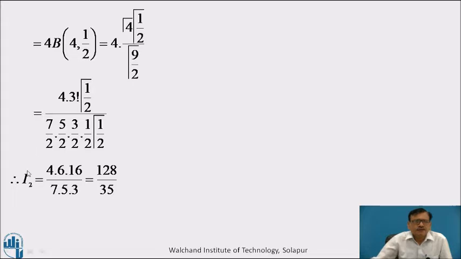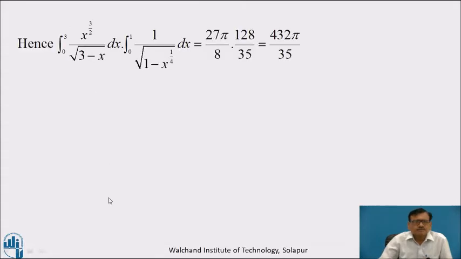And therefore in I2, gamma of 1 by 2, gamma of 1 by 2 will get cancelled. This 4, and 3 factorial is 6, and 7 into 5 into 3, and here 2 into 2 into 2 into 2, that is 16. By simplifying this, we get 128 divided by 35.